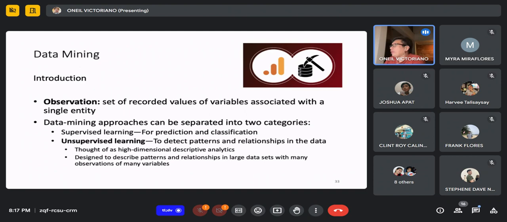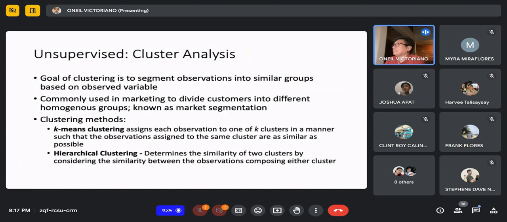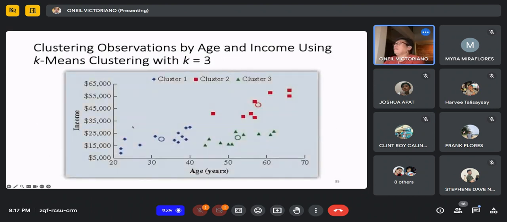To give you an example, it is unsupervised because the goal is to segment the observations. Some common ones are k-means clustering and hierarchical clustering. The idea of segmentation is that the data will be segmented into different areas, and there is a mathematical model to say that this area is cluster 2, the green area is cluster 3, and the blue area is cluster 1.